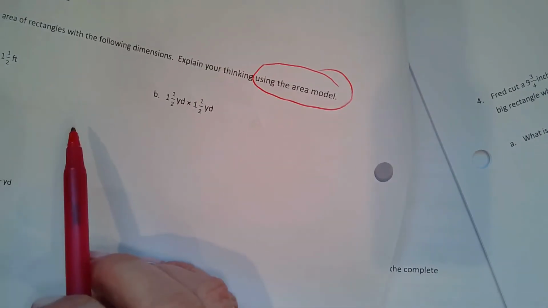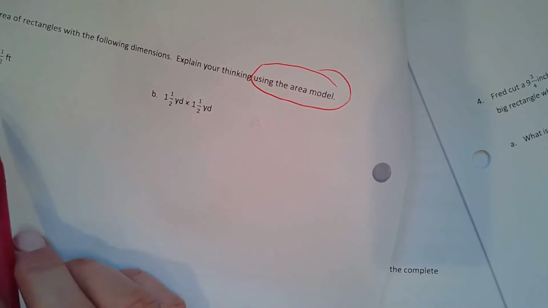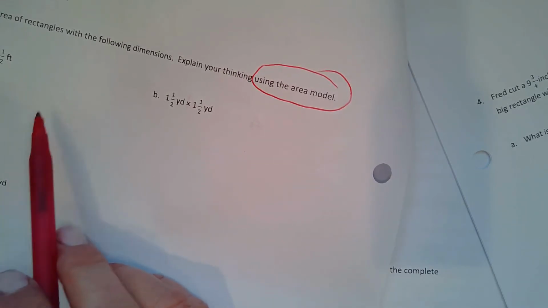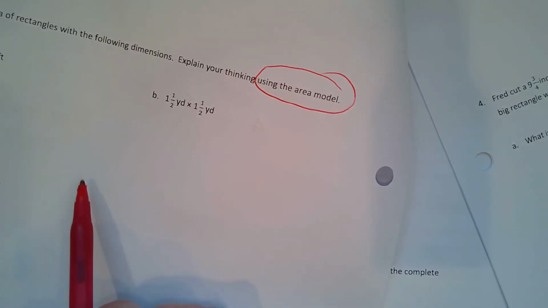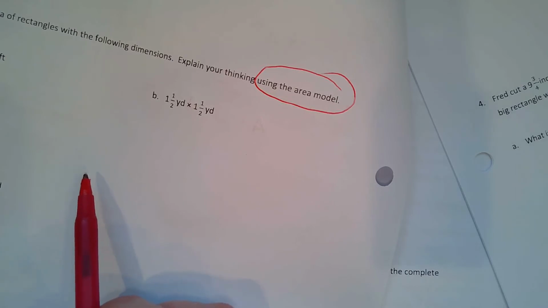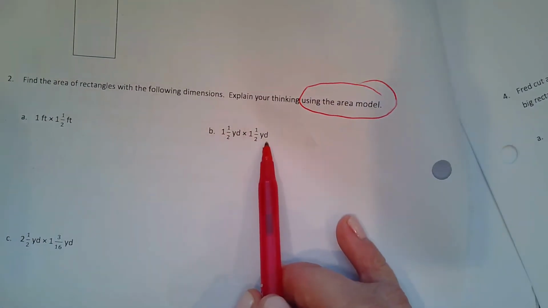Draw your lines. However many lines you have inside is how many multiplication problems you're going to end up with. And you're going to have to add those up in order to get your area. Remember, your area is always going to be squared: this is going to be feet squared, this is going to be yards squared, this is going to be yards squared.